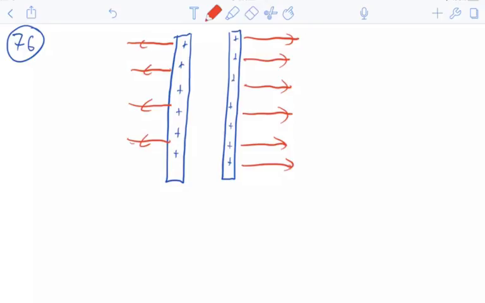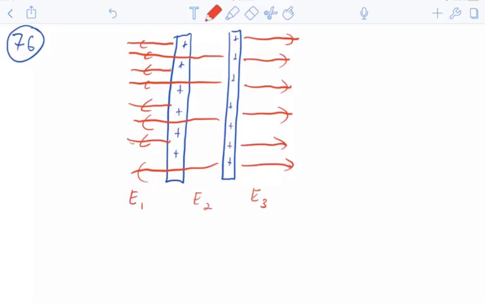Maybe this goes like that? Weird. We know what the shape of the electric field is though, right? You know that it's going to be all straight lines. But the idea here is over here E1, over here E2, and over here E3. And given the charge distributions on each of these, we need to figure out how strong those electric fields are. It's actually a lot more fun than it looks.